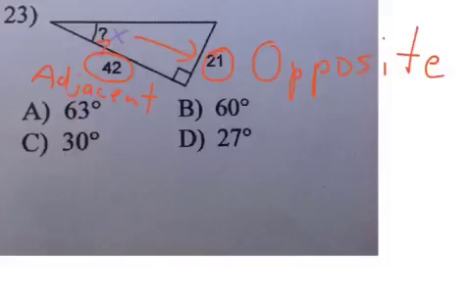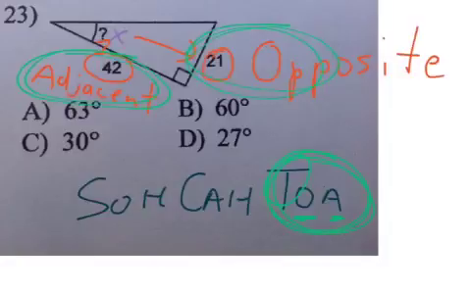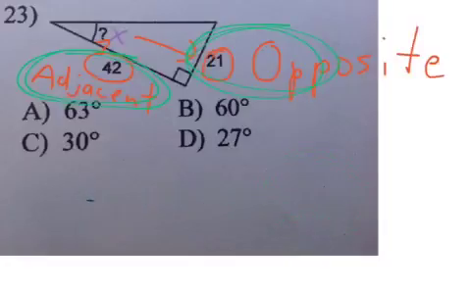So, if we take a look at SOHCAHTOA, we will notice, hopefully, that tangent, that's what the T right there stands for, tangent is the function that uses opposite and adjacent. And that's what we have here. We have the opposite side right here, and we have the adjacent side right there. So knowing that we have the opposite and adjacent side, and knowing that we are going to use tangent, well, let's do the math now.